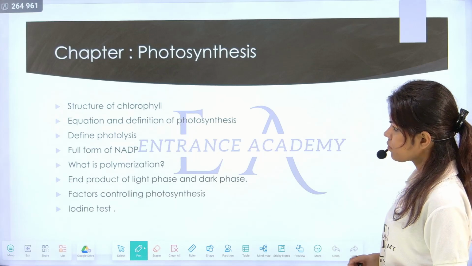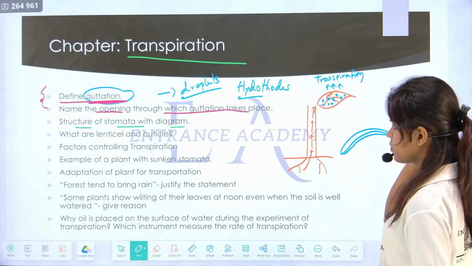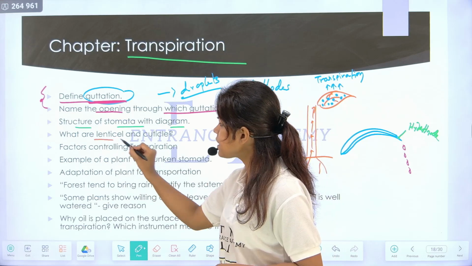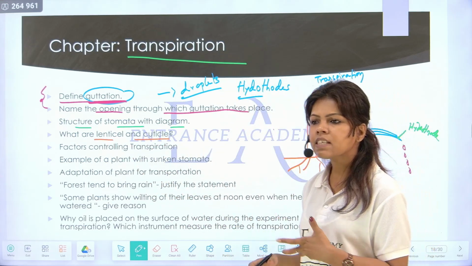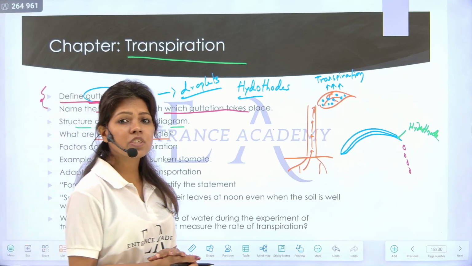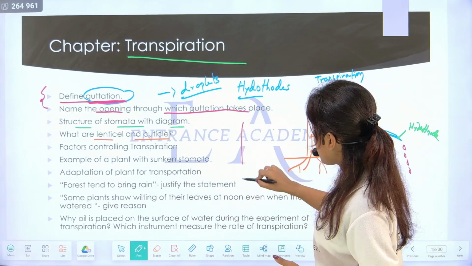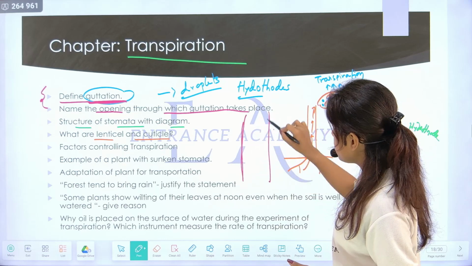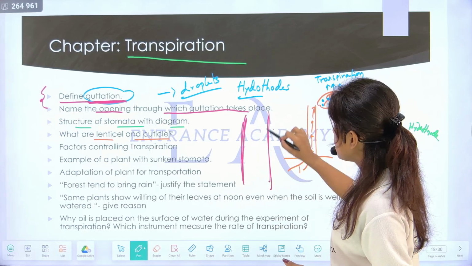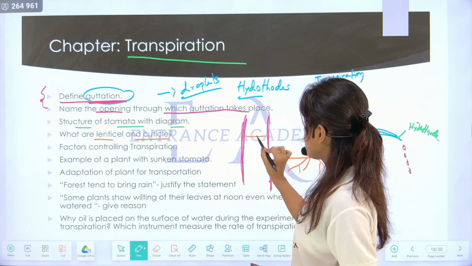Next, what are lenticels and cuticle? Lenticels are the very minute openings present on the surface of the stem. The woody stem contains a cover layer surrounding it known as bark.